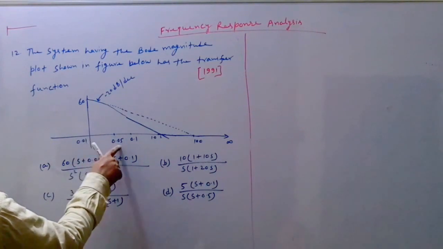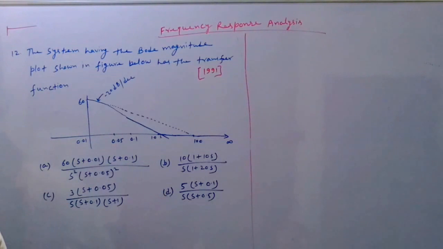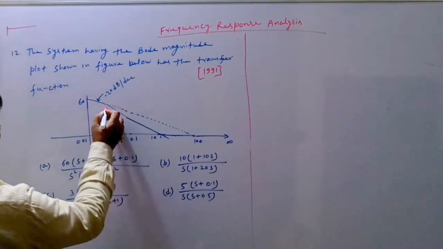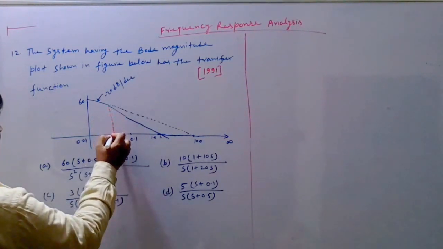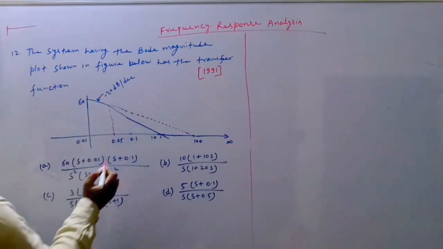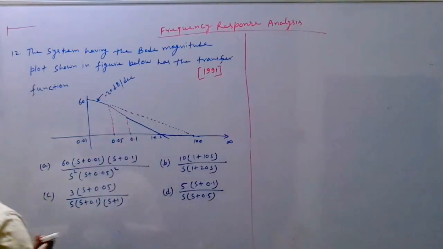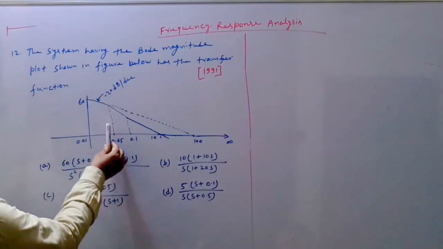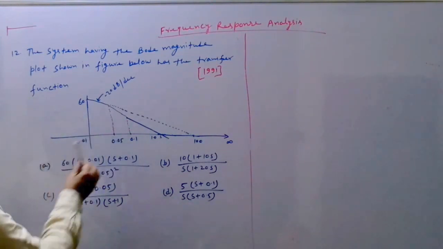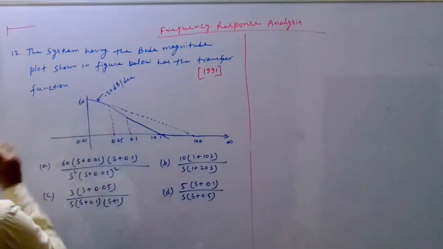Let me indicate this point. This is 0.05, a corner frequency. Again, this point 0.1 is a corner frequency. But left to these corner frequencies also, the plot is existing.